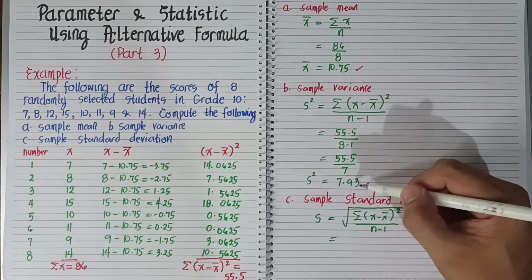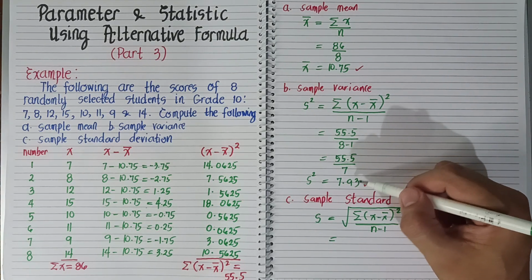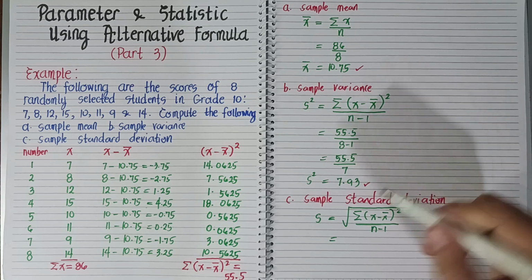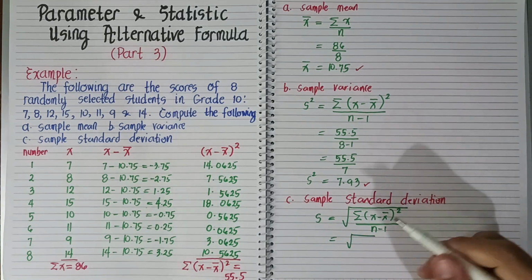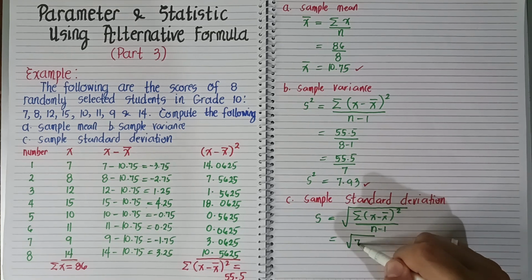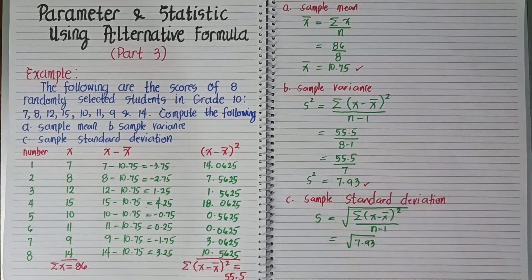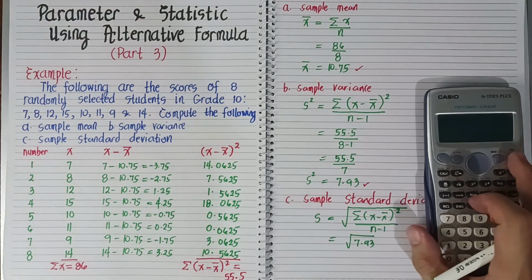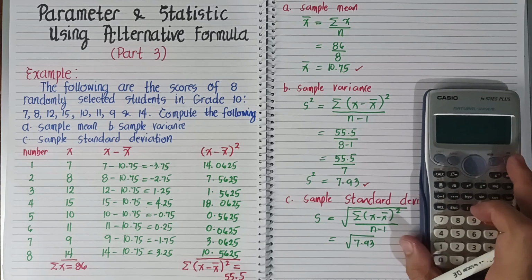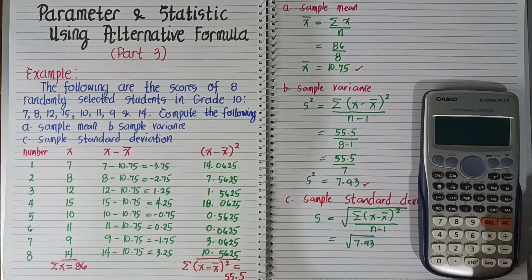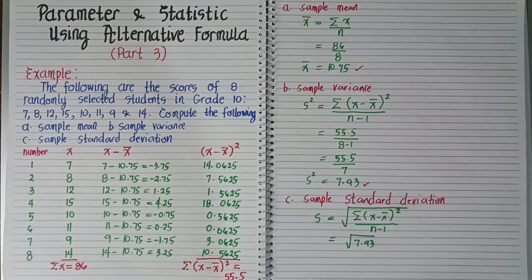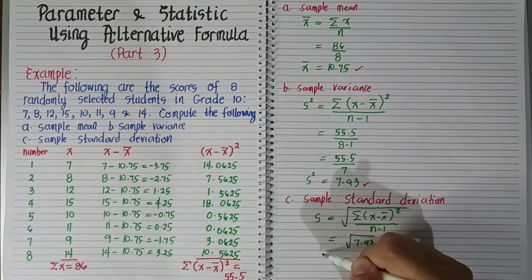So meaning, since nakuha natin yung answer dito ng sample variance, plug in na lang natin. Okay? Kahit hindi tayo mag-isa-isa pa rito. So this is actually equal to 7.93. And then gamit tayo ng calculator, much better. So square root of 7.93, that is equal to 2.816 or 2.82. Round your answer up to 2 decimal places.